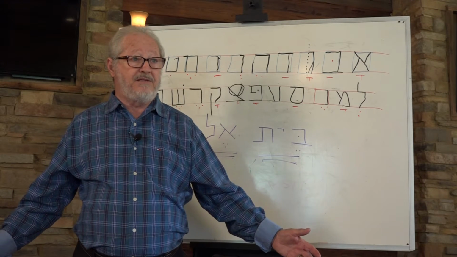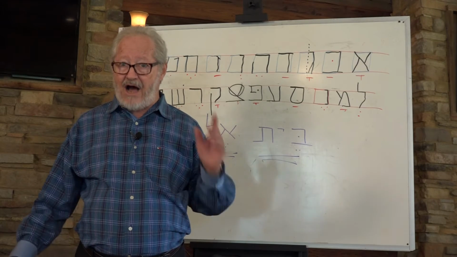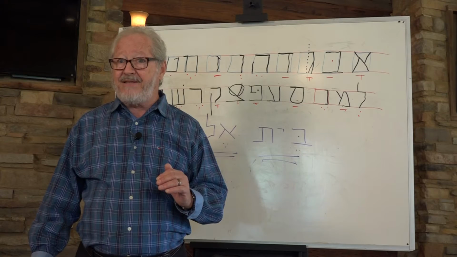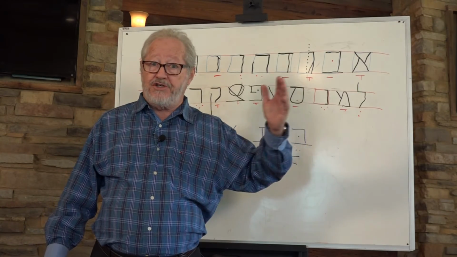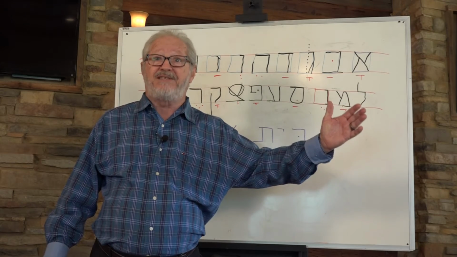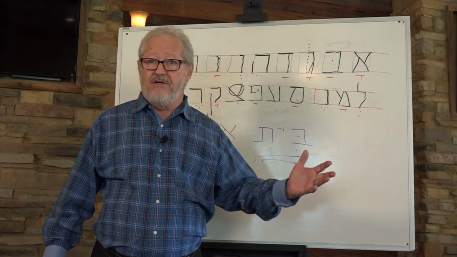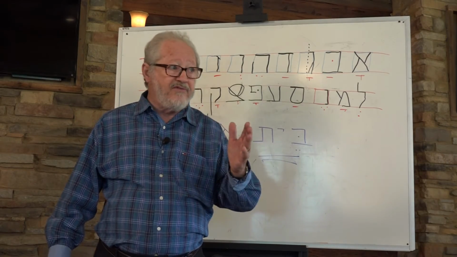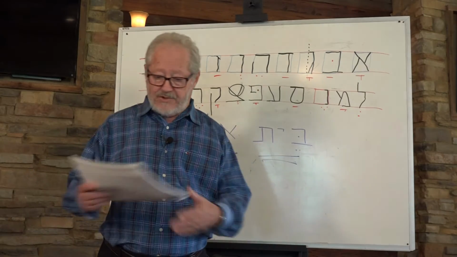Got it? So Bayit is house, and Beit is house of something. House of the Lord, church, house of school, Beit Sefer, house of the sick, Beit Cholim, etc., etc. Beit is house of whatever you put next to it. That's what's going to be the house of whatever. Okay? Beit.